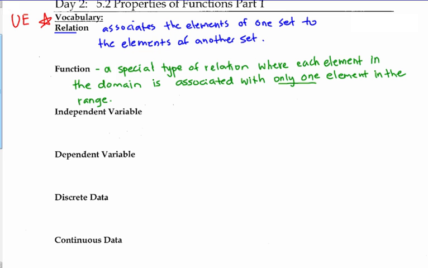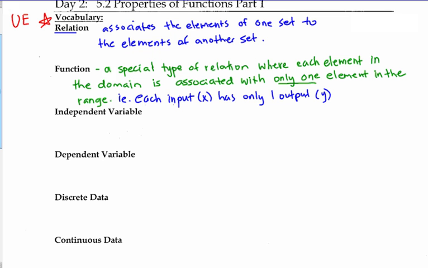So in other words, each input has only one output. Each input, or X, has only one Y output.